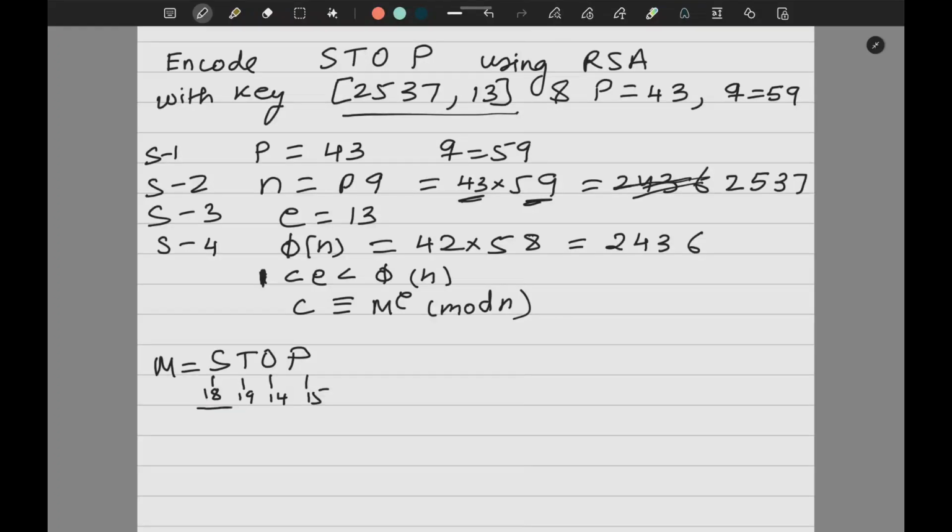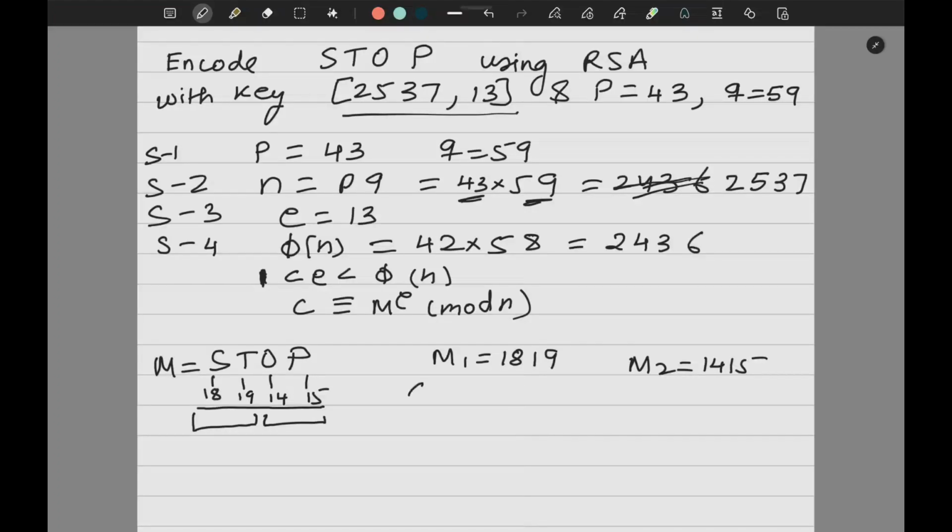So basically, it is such a big number. In the previous two questions, M was 19 in one question and 31 in the other. But now it is 18191415. So I will split it up into two parts. I will define M1 is equal to 1819 and M2 is equal to 1415.